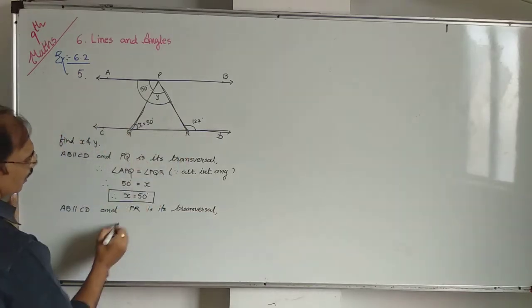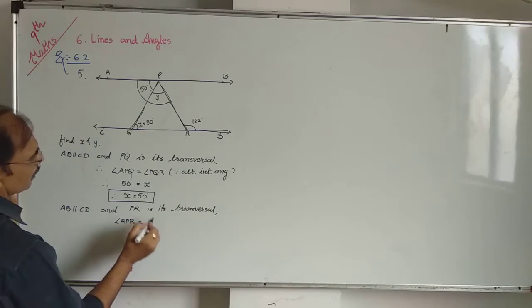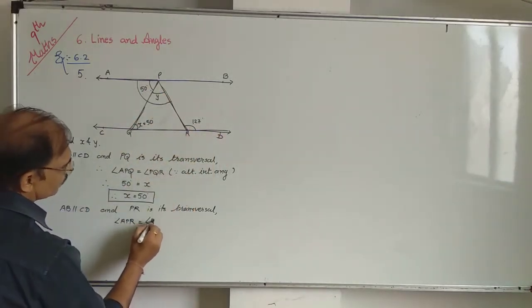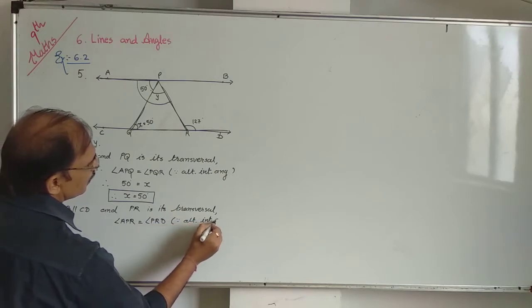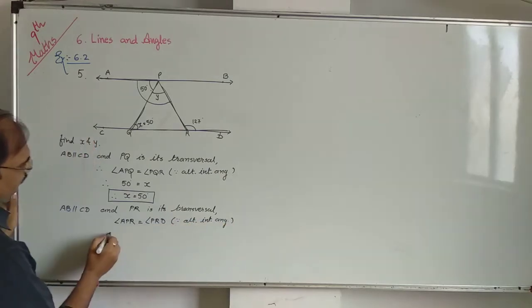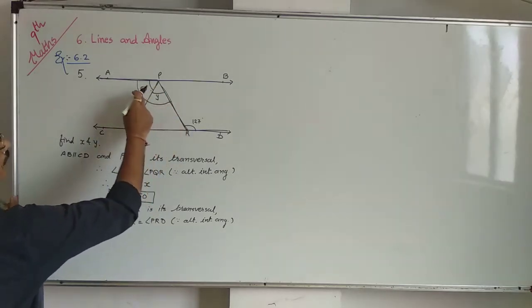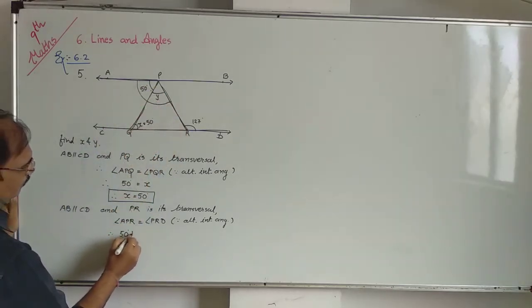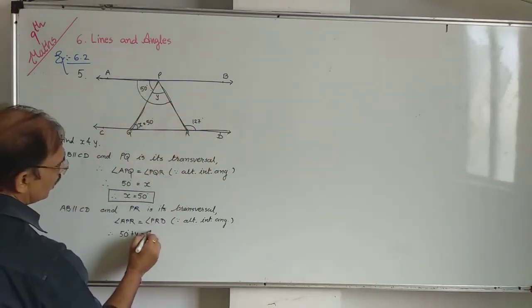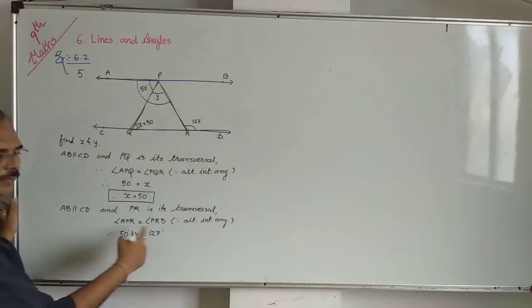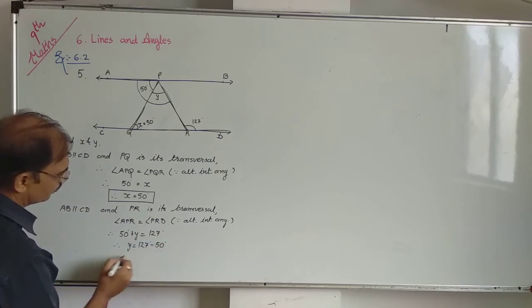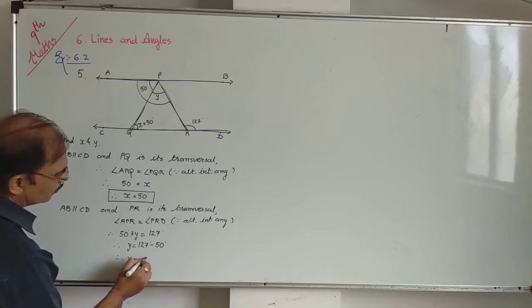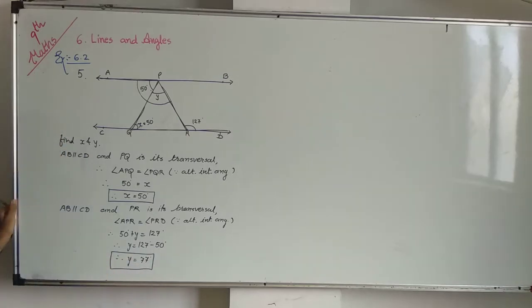Angle APR equals angle PRD, reason alternate interior angles. APR is 50 plus Y, and PRD is 127. Take 50 to the other side, it will be minus, so Y equals 127 minus 50. So Y equals 77. This is your answer of X and Y.